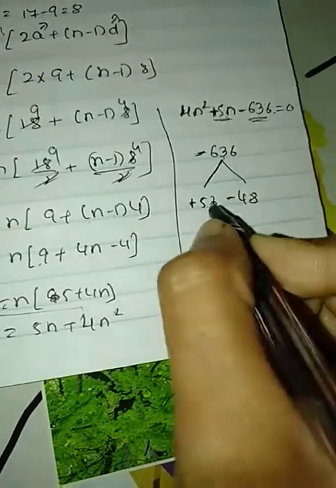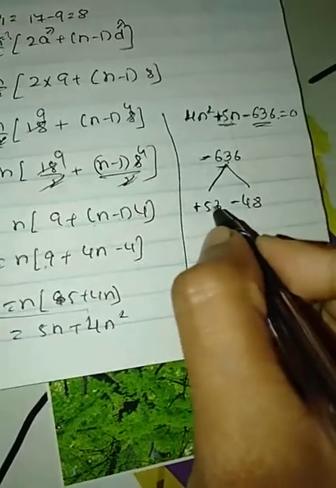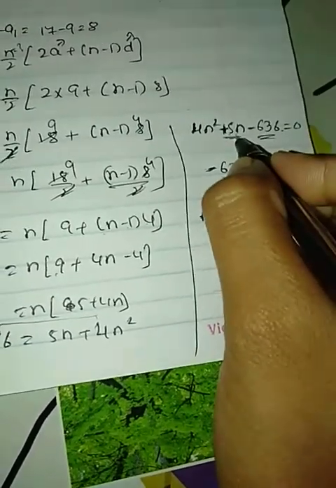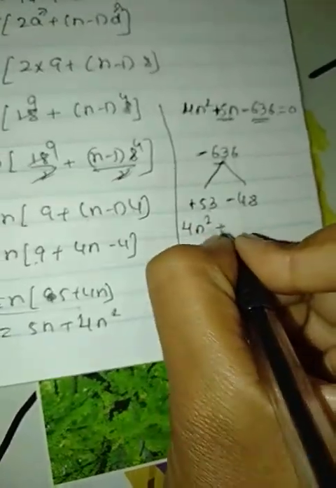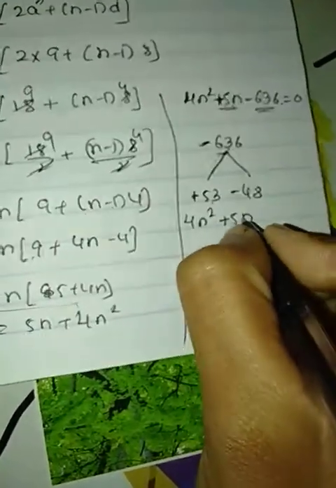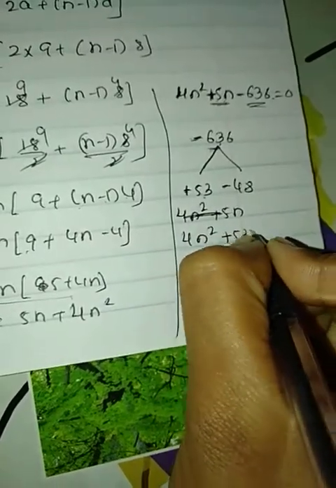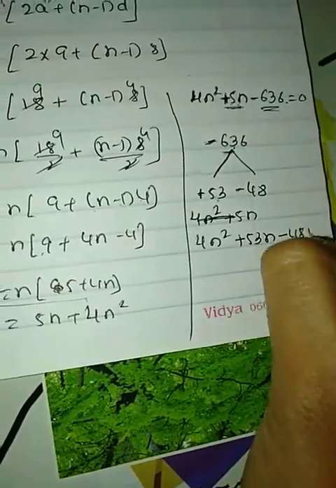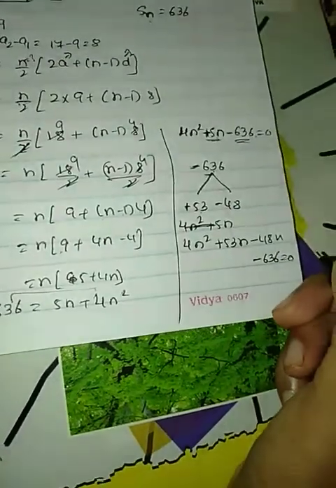When we multiply these two numbers, the product is minus 636, and 53 minus 48 is plus 5n. Yes, so 4n square plus 53n minus 48n minus 636 is equal to 0.